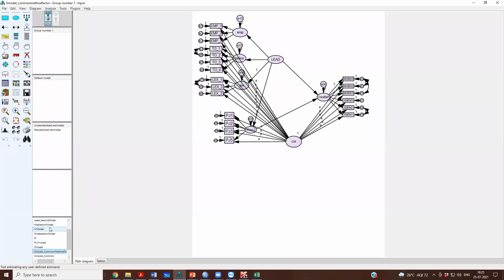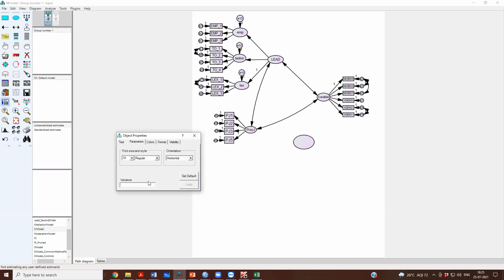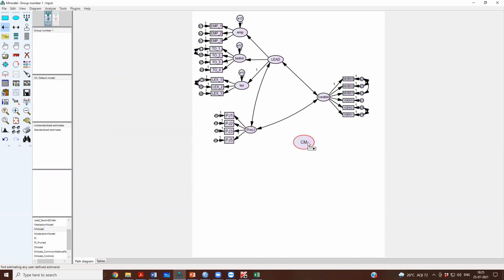If you were to use observed variables, then what I would recommend is to go to your measurement model and model a method factor here, a common method factor. You call it the common method factor, and then you load all the items again, just like we have done.